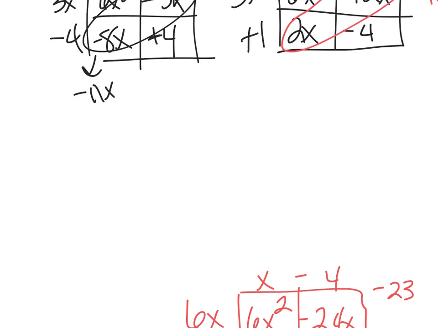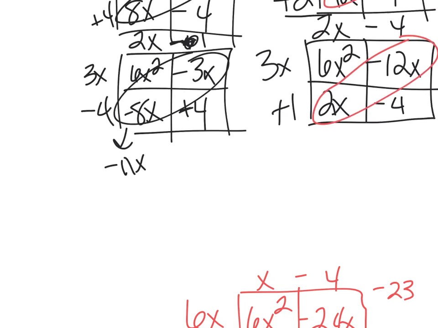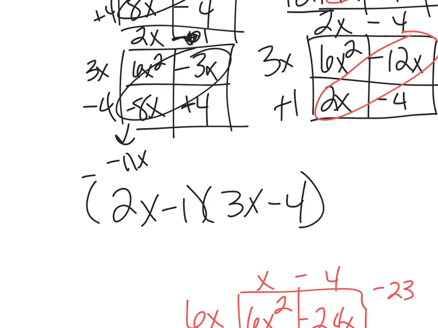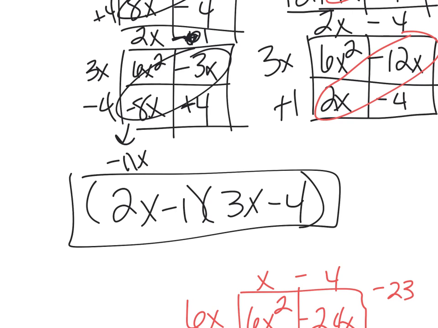So after all of that, we end up with 2x minus 1 times 3x minus 4. Because that gives us negative 8x, negative 3x, which gives us negative 11x. All right, let me get a new page and then do the other way. Oh, see, and I forgot.